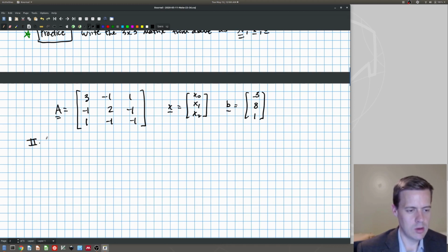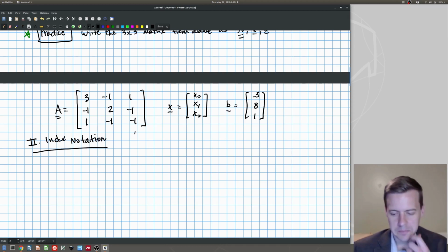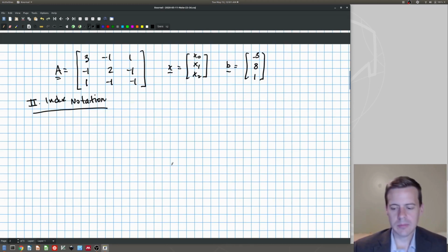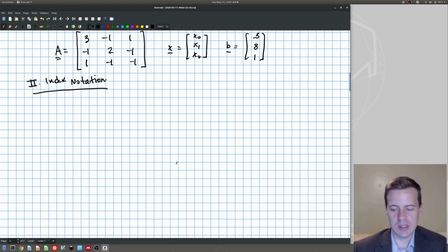Okay, number 2, index notation. All right, so when you're using arrays and matrices by hand, it's convenient to use what I call vector notation. So by hand, you often use vector notation.